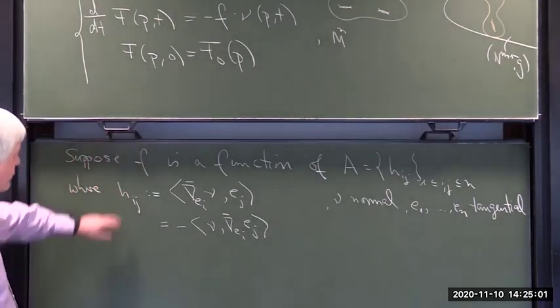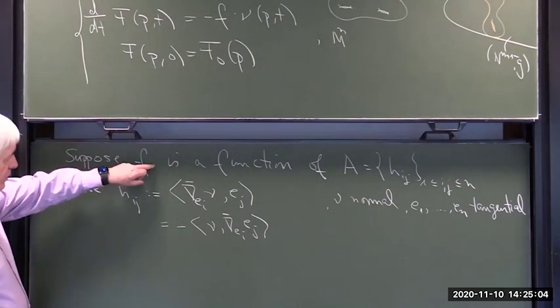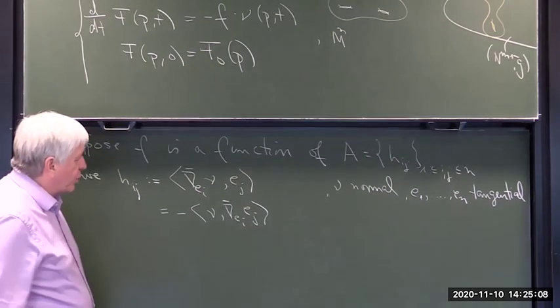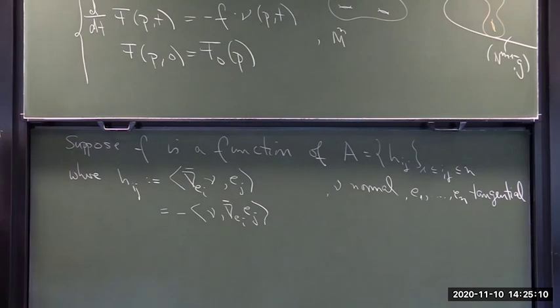And then f is a scalar function. So we want f to be a symmetric function of the principal curvatures, that is the eigenvalues of h_ij.